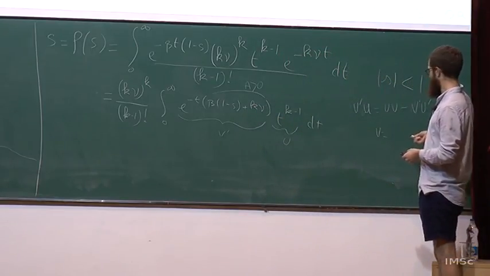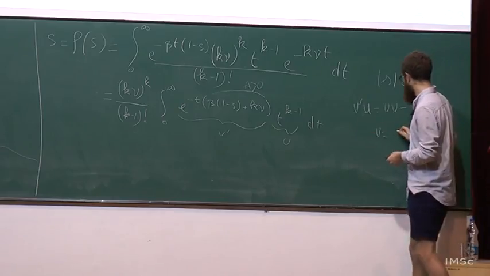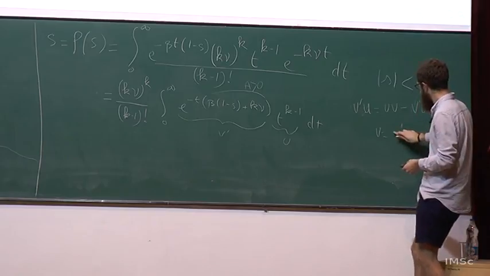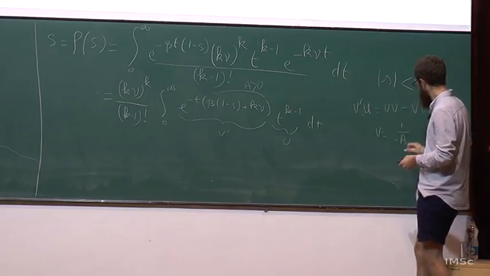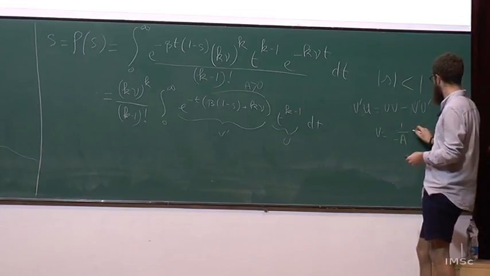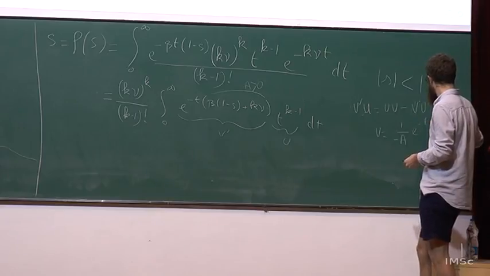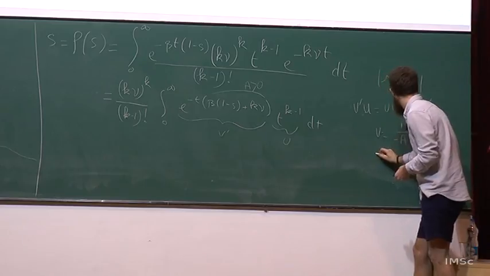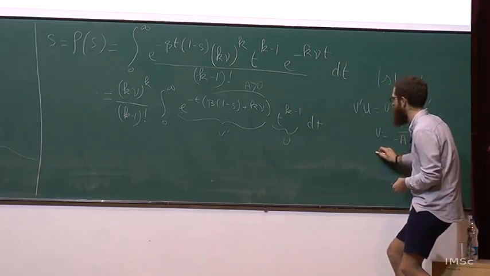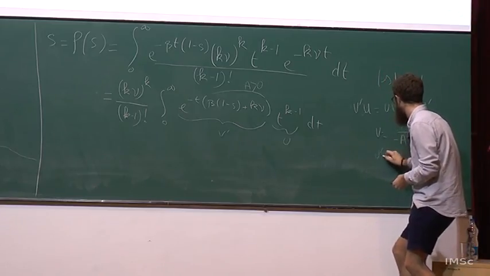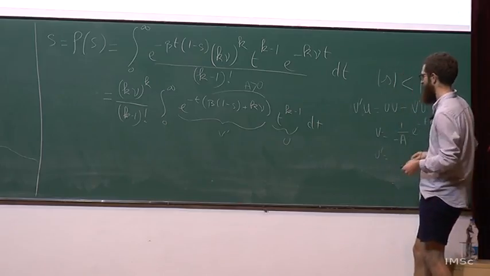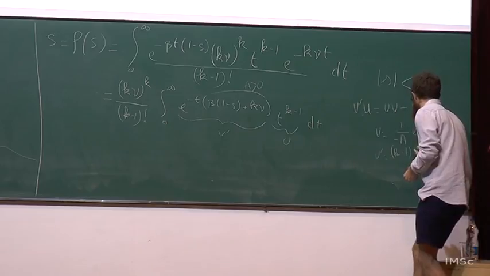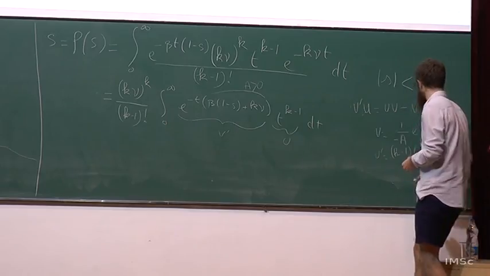So v, this is v prime. V is equal to one over minus a exponential minus ta. And u prime is equal to k minus 1 t k minus 2.